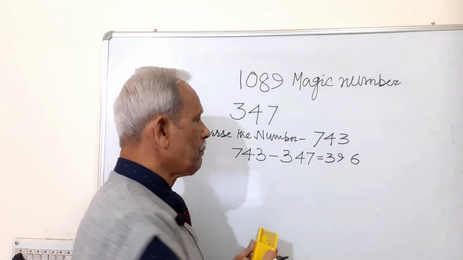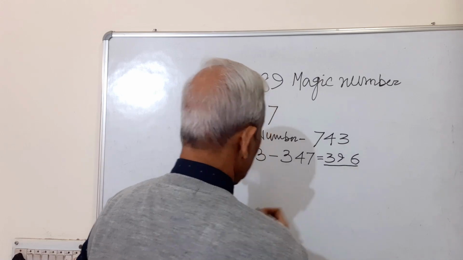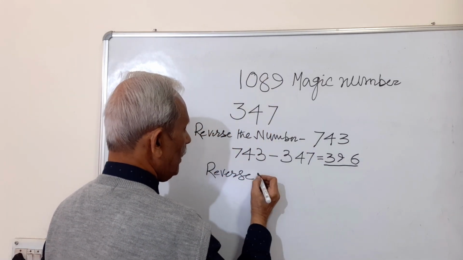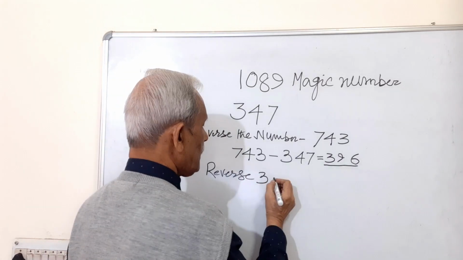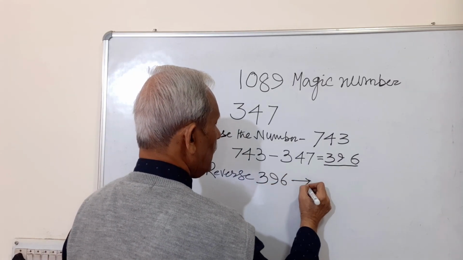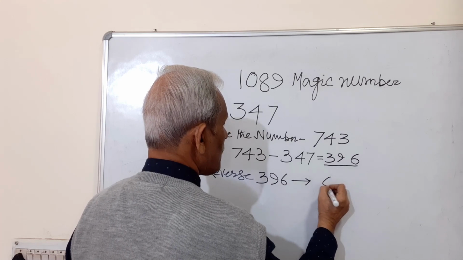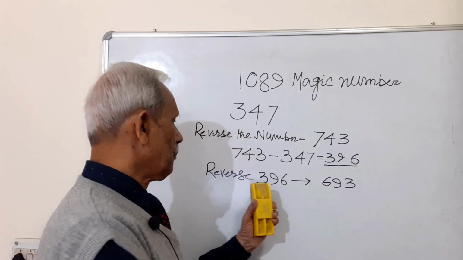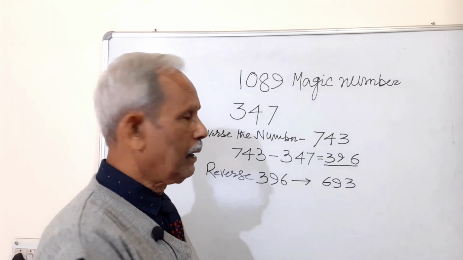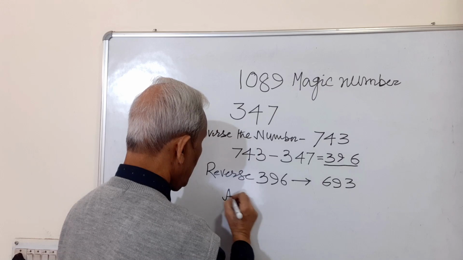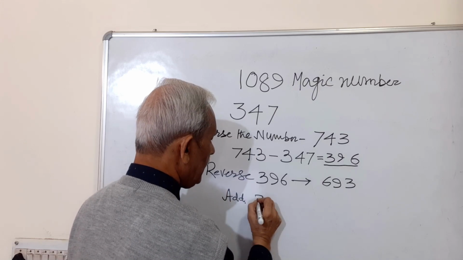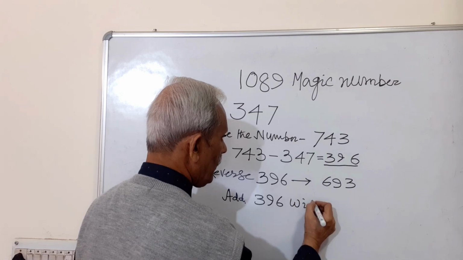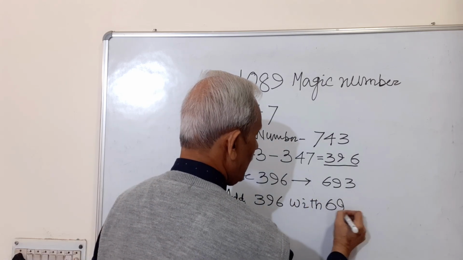Now again do the same thing. Reverse this number 396, and you get 693. Now add these two numbers, 396 with 693.